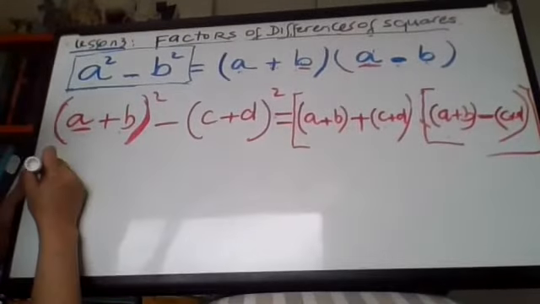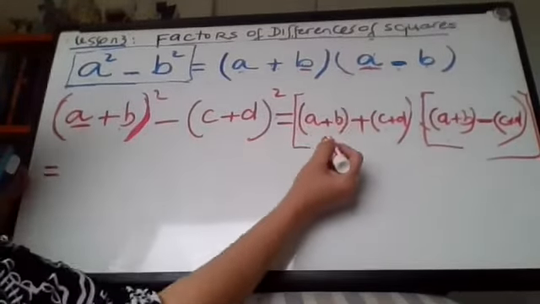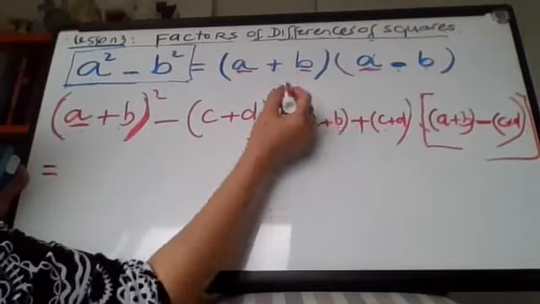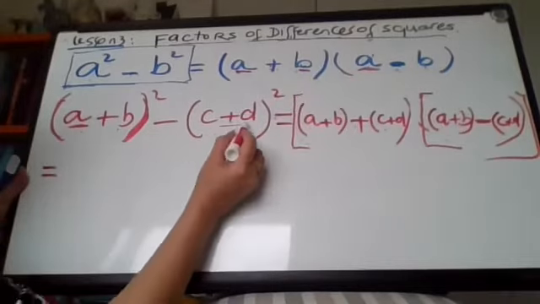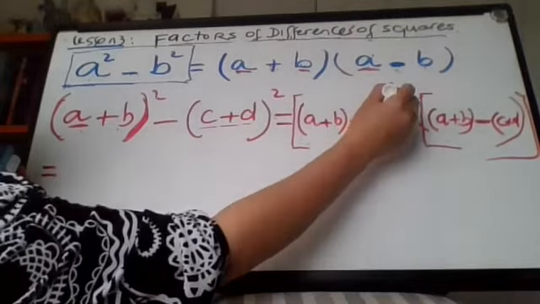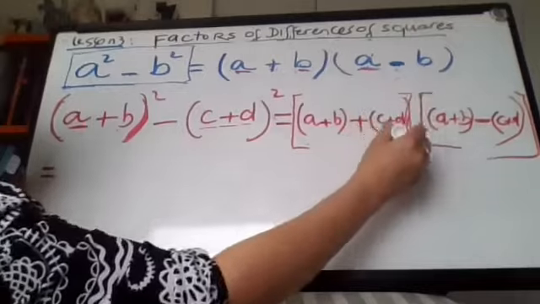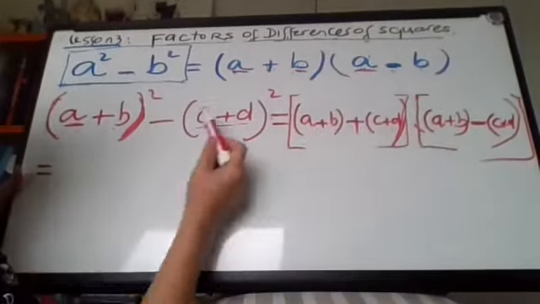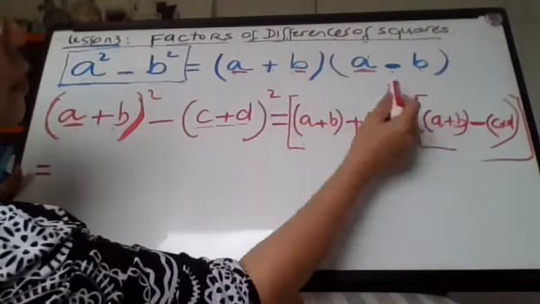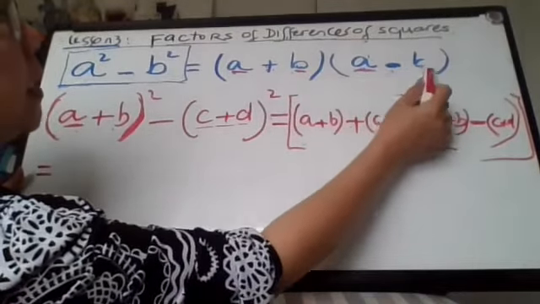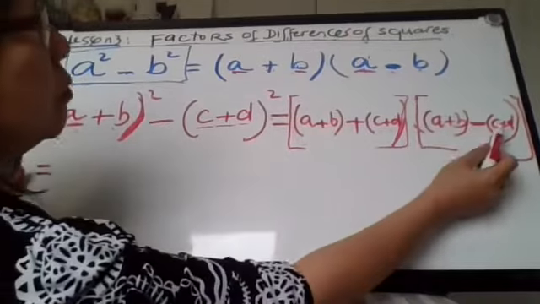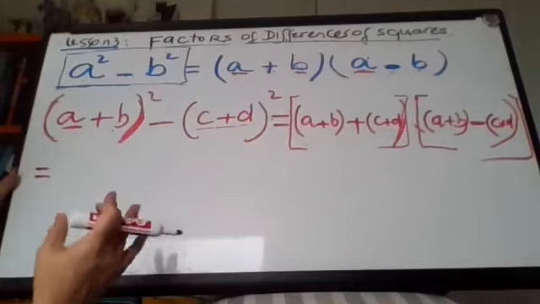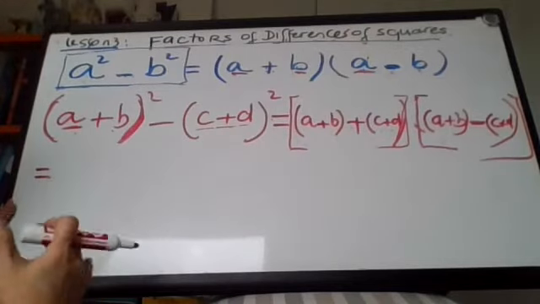So now, after we follow the formula, we get A plus B is this A, plus it plus, this B is C plus D, right? Close the big square bracket. Open another big square bracket. A is A plus B. Minus is minus. B here is C plus D. We put in the bracket. Now I'm going to remove one by one layer and simplify it, right?